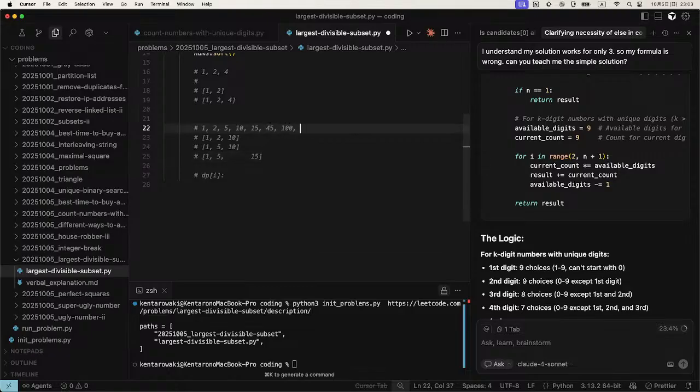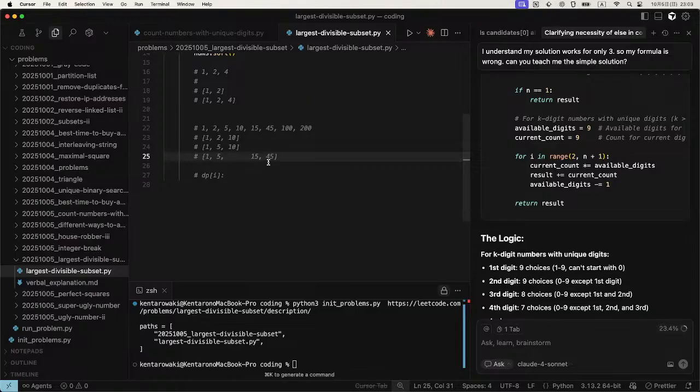But sometimes let's think about like this: 45 and 100 and 200. In this case, since 100 is not divisible by 15, we cannot update this array.